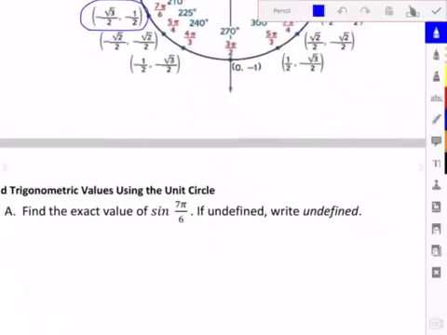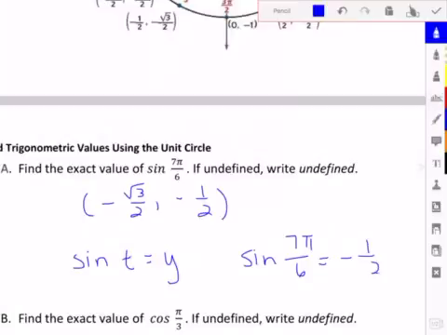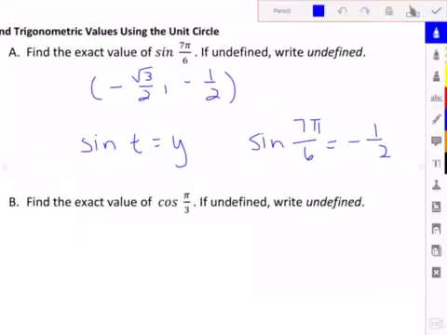So I'm just going to write that down here. And we're finding sine, which is defined as y. So the y value here is negative 1/2. So sine of 7 pi over 6 is equal to negative 1/2. Okay, and that's our answer.